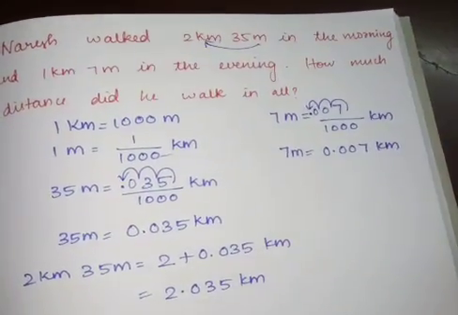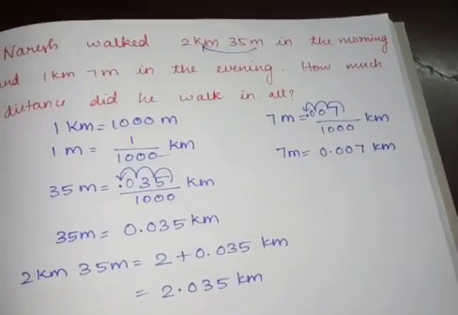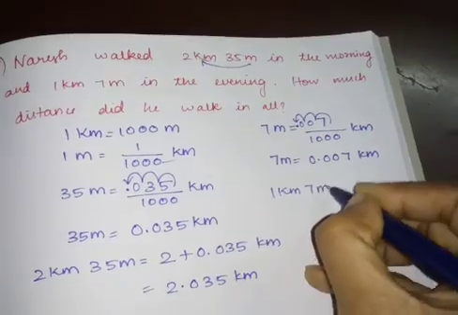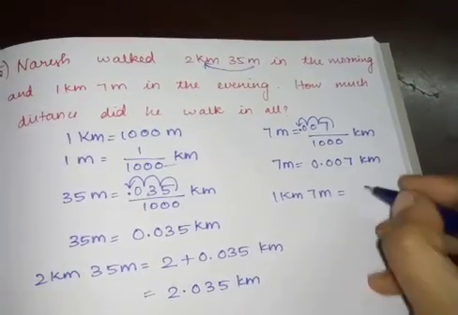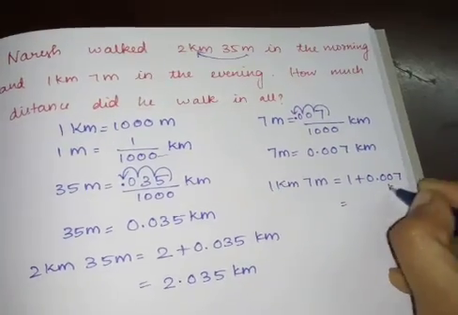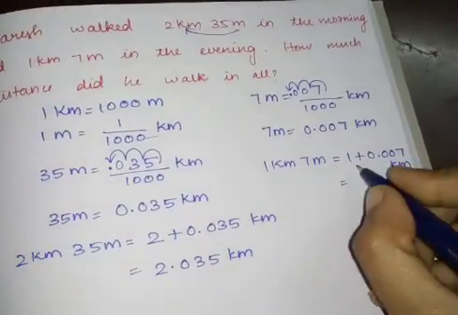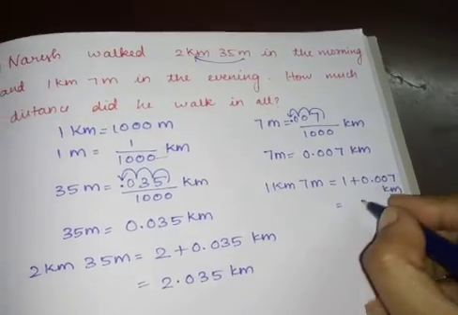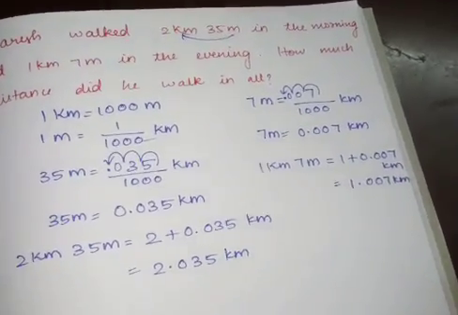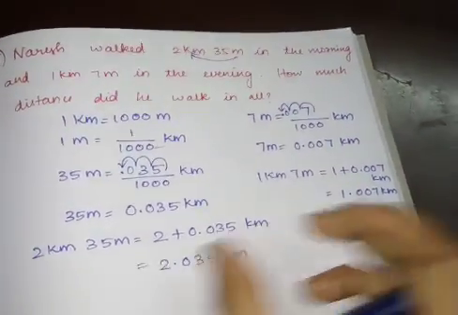So 7 meter is equal to 0.007 kilometer, right? Now 1 kilometer 7 meter is equal to 1 plus 0.007 kilometer, which is nothing but 1.007 kilometer. Now I have converted both the units.